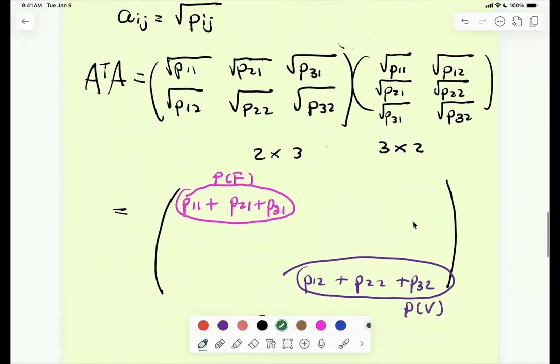So the off-diagonal terms are a little bit more complicated, but they can also be interpreted in an interesting way. Okay, let's try to put them here.